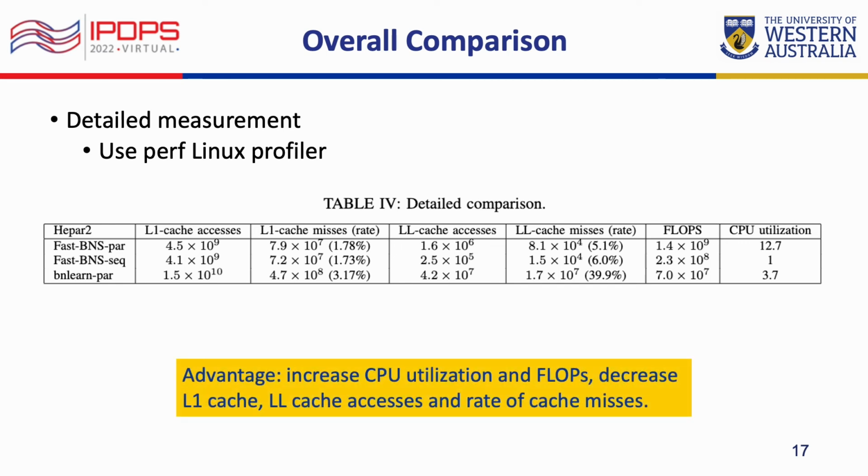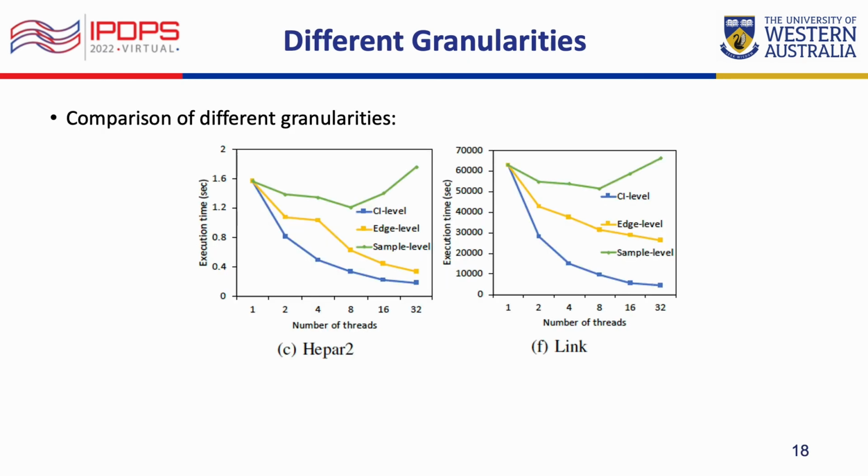The parallel version of FastBNS increases CPU utilization and flows, and compared with BNLearn, both the sequential and parallel versions of FastBNS have fewer accesses to the L1 cache and last level cache, and significantly decrease the rate of cache misses.